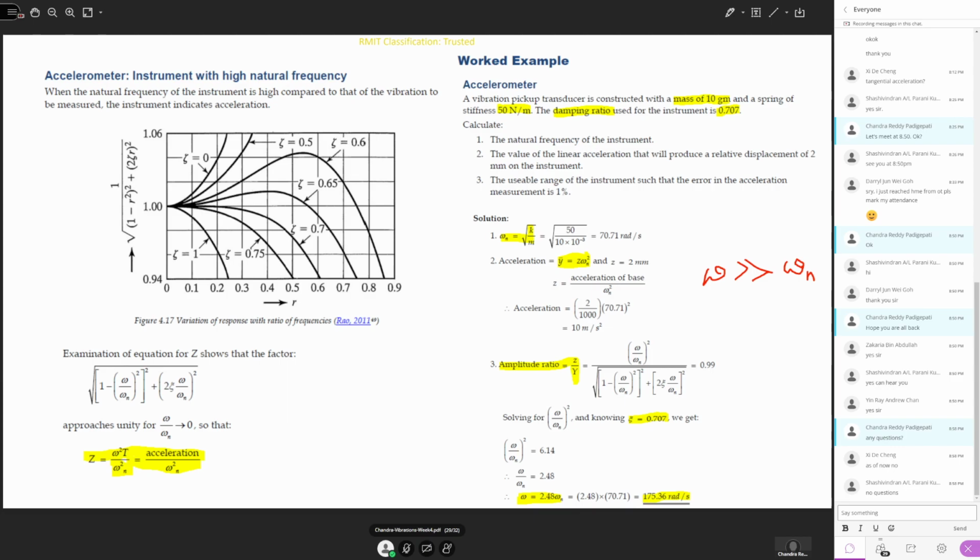In quantitative terms, omega should be greater than root 2 times omega n, so that the transmissibility will be reduced to less than 1. And the transmissibility is highest for resonant conditions when R is equal to 1.